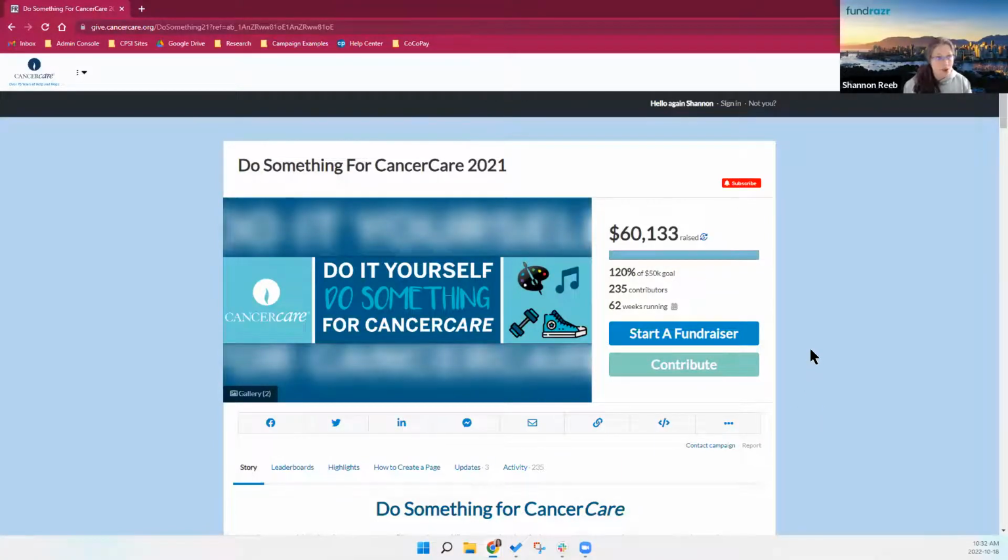And that's basically what it is: help raise money for us and choose whatever it is that you want to do. So the setup is the same. You can see instead of the register button, they've got the start a fundraiser button. And then you've got the contribute button right there. So if you don't want to start a fundraiser, but you still want to do something for Cancer Care, you can simply donate to the main campaign right here.